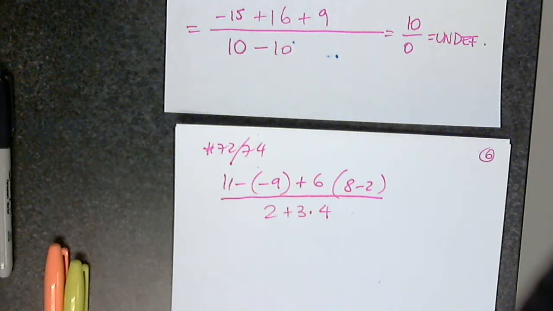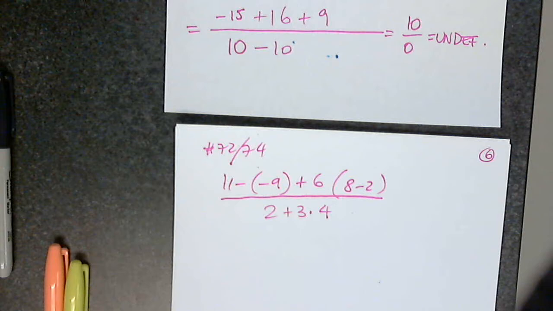A negative in front of a negative is like -1 times -9, or the opposite of -9. We have to perform the operation in parentheses and then multiply by 6.